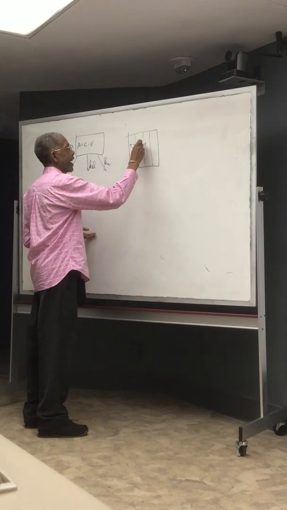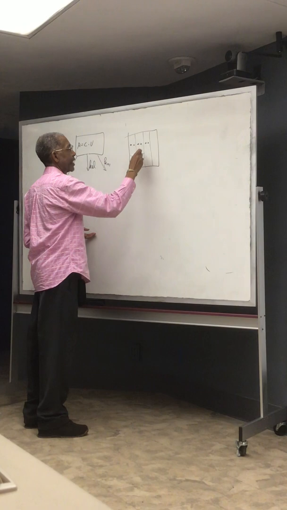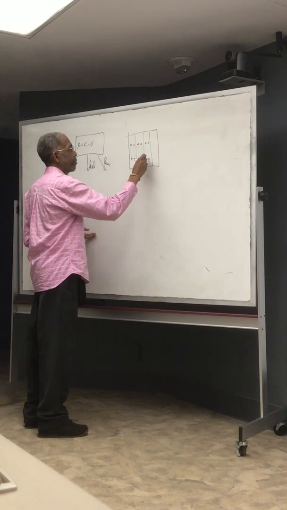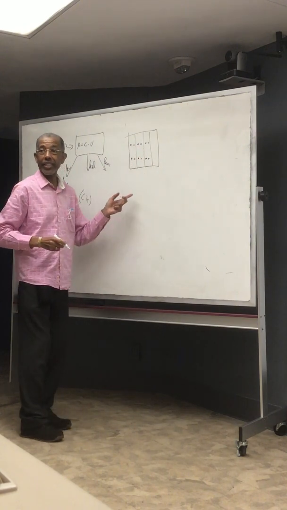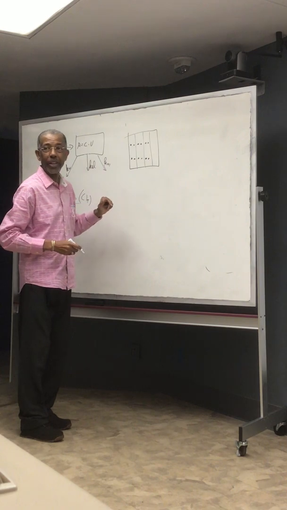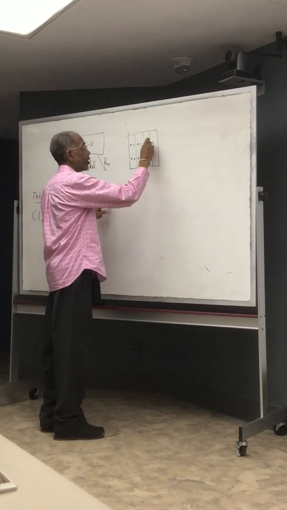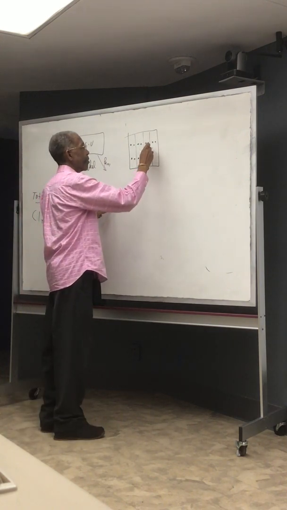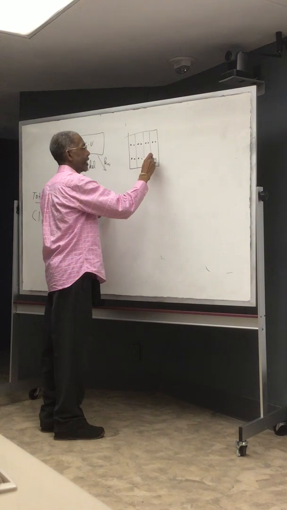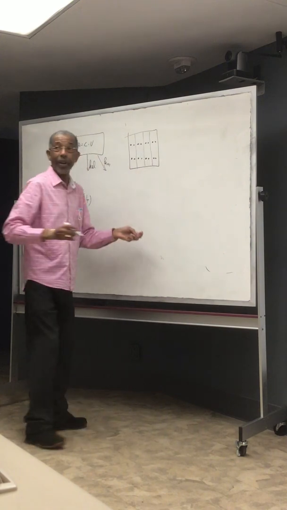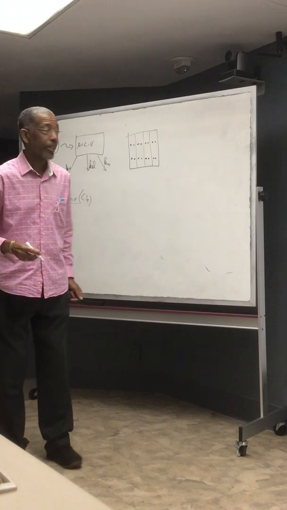If it could actually be split up into sections, you would have the same concentration of drug in each section. That's why I'm just doing 4, okay? So those little dots represent the drug molecules in the body, in the plasma. Are we together?